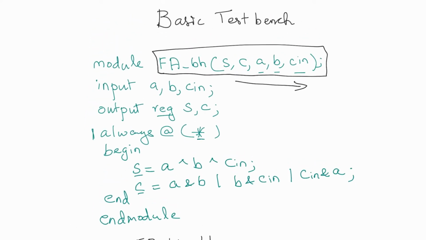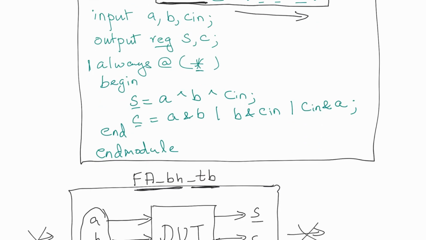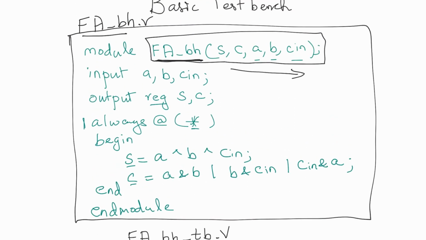This particular design, you will have it in a file. Let's call it fa underscore bh dot v. It's the usual convention to have the file name be the same as your module name. In another file called fa underscore bh underscore tb dot v, we're going to write the following code, the test bench code.